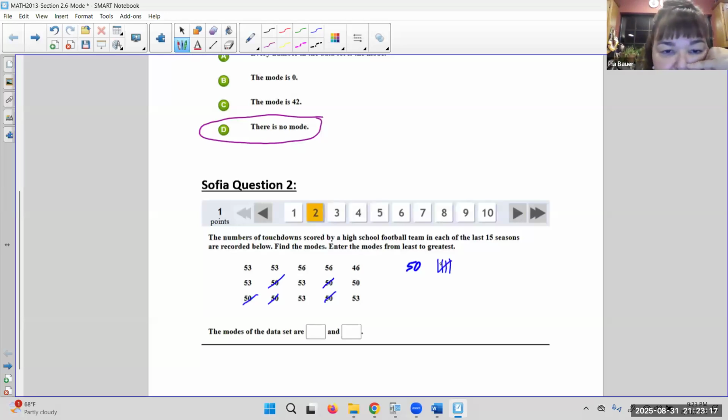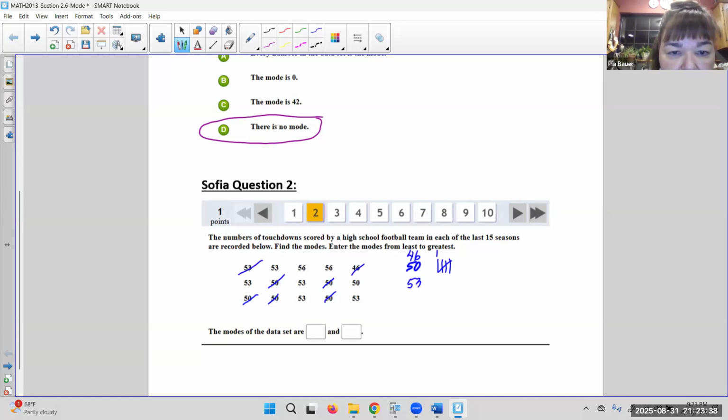Okay, then the next one will be, actually 46 was first, and it appears only once. So then after 50, 53.